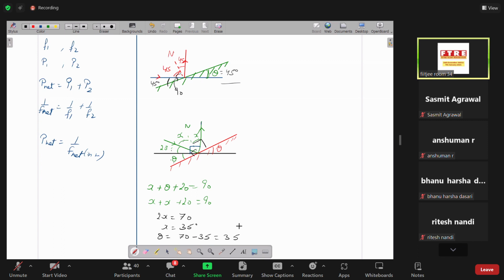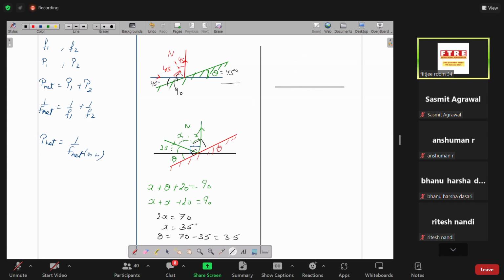Let me see the question, let's read the language of the question once, what it gives. Okay, wait. Because this option is not there, there can be one more case when they are saying that it's inclined to the plane mirror.